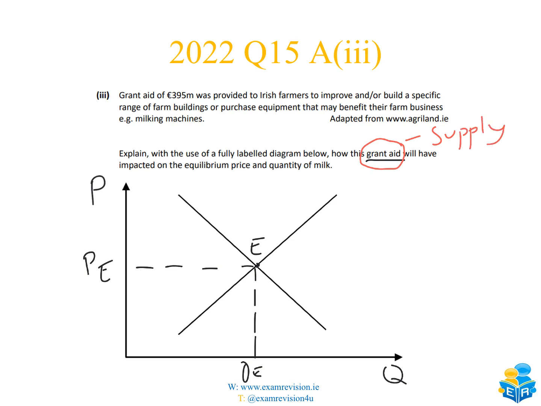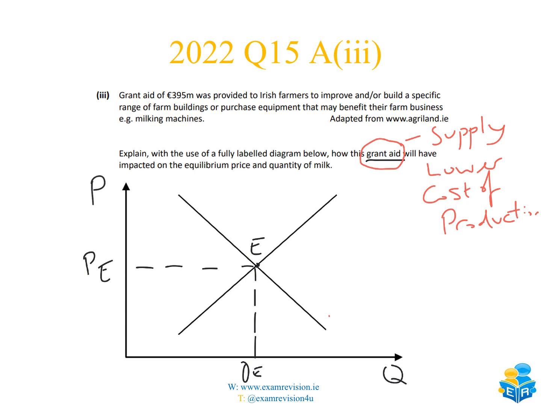Grants cause supply to increase as they lower the cost of production, to make it cheaper for a company to supply goods.